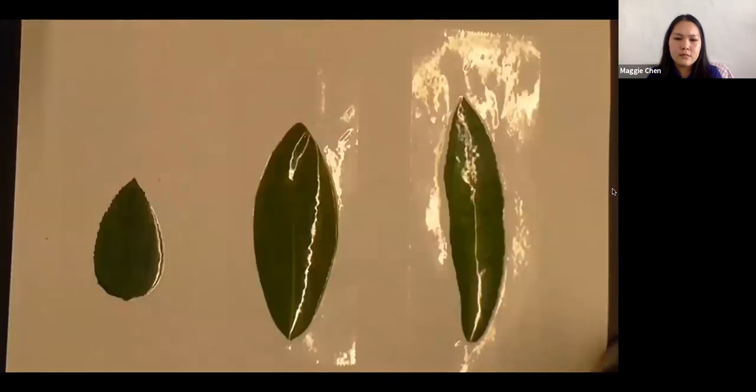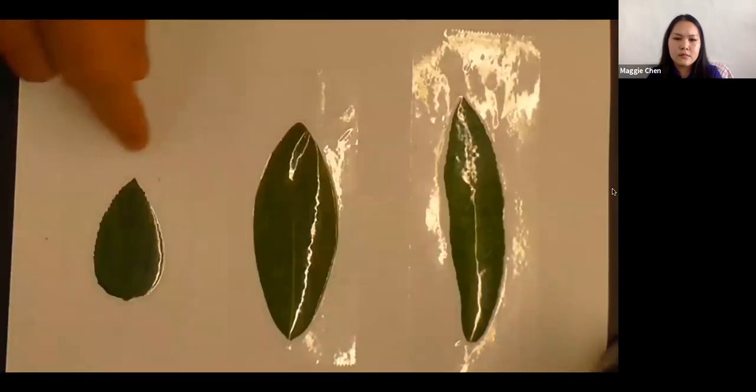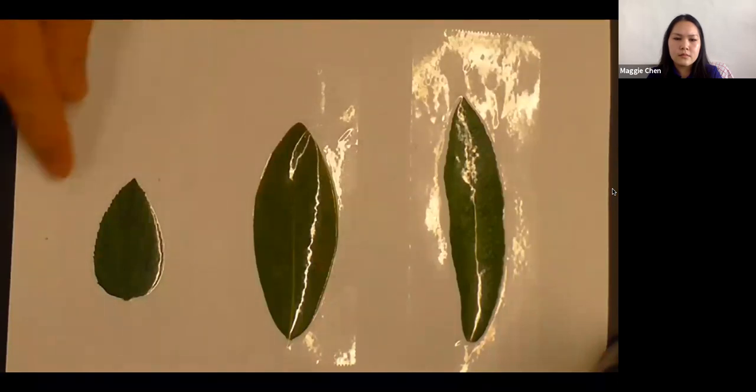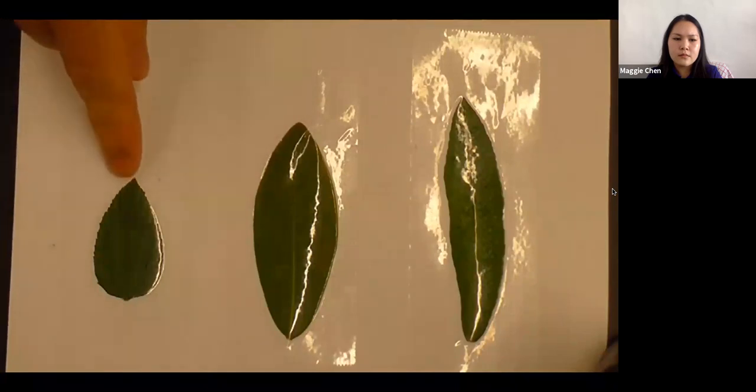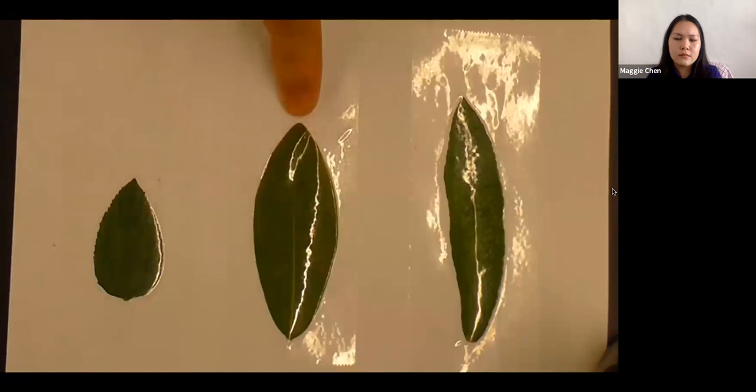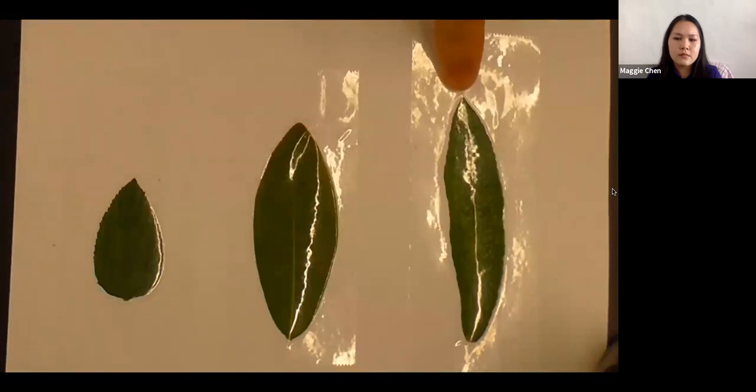Okay, so these are the 3 species of plant leaves that we will be measuring for our lab today. And right here, this is blue blossom, this is California bay laurel, and this right here is arroyo willow.